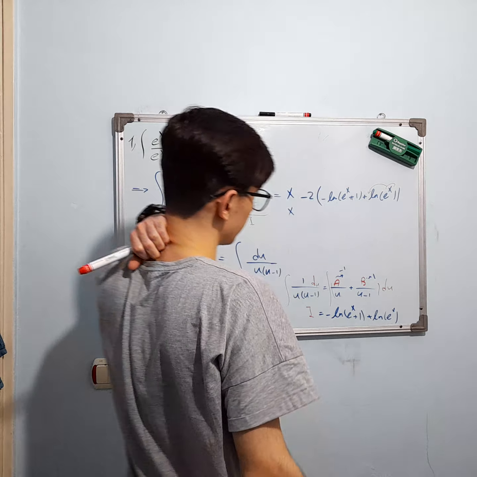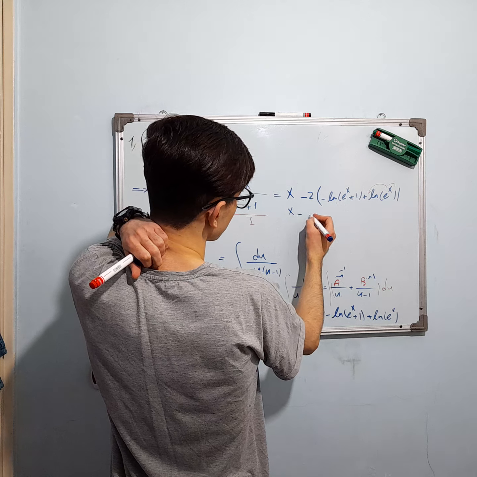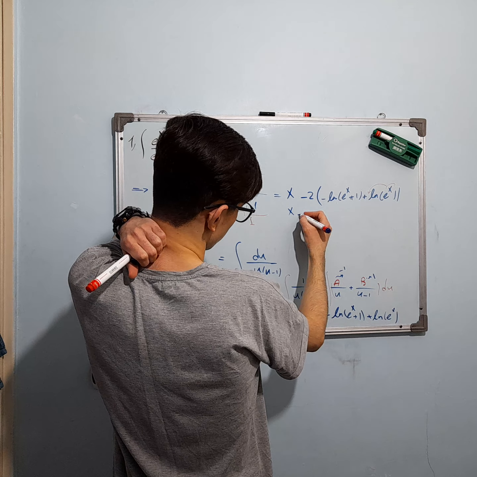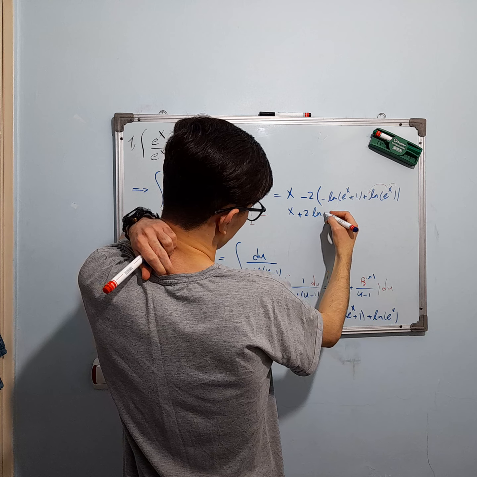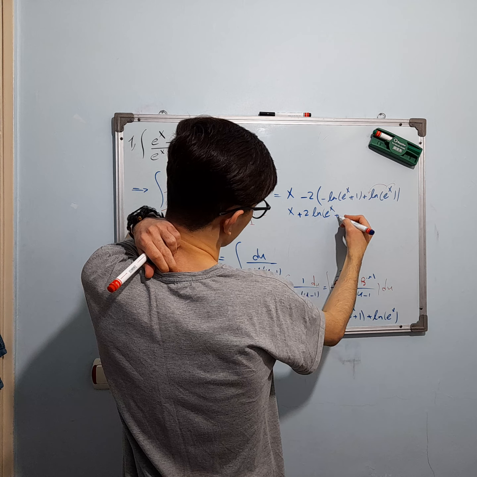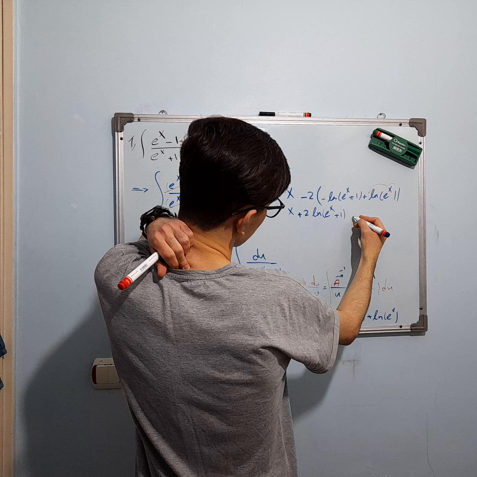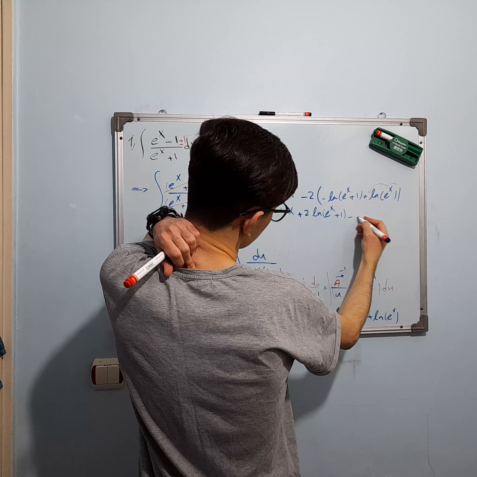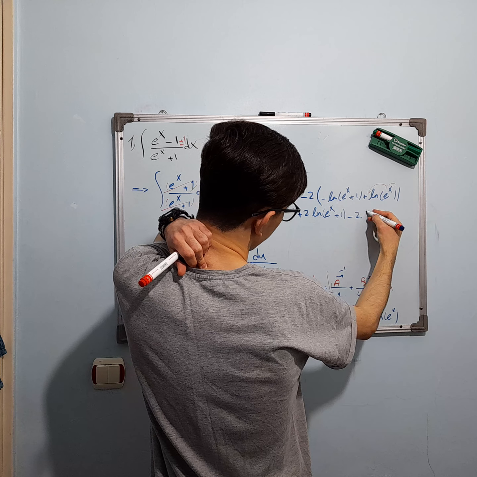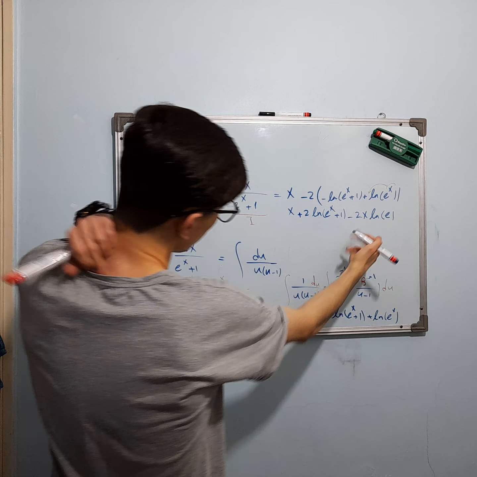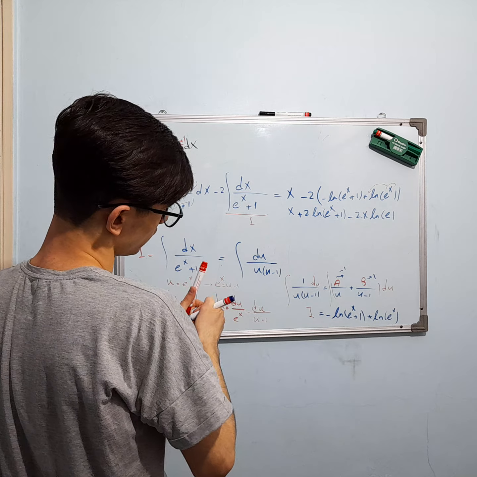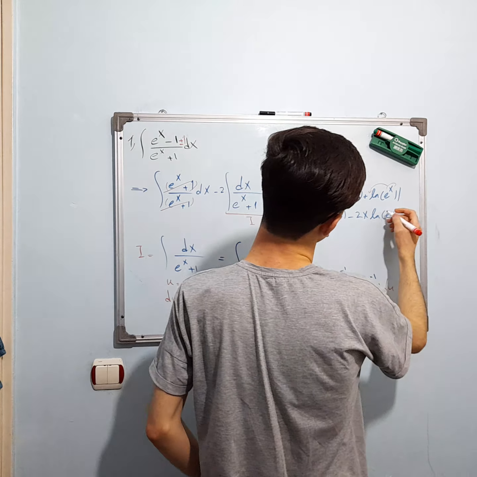I will put it at the end. x plus 2 natural logarithm of e to the x plus 1 minus 2x ln e. And you know that the natural logarithm of e is 1.